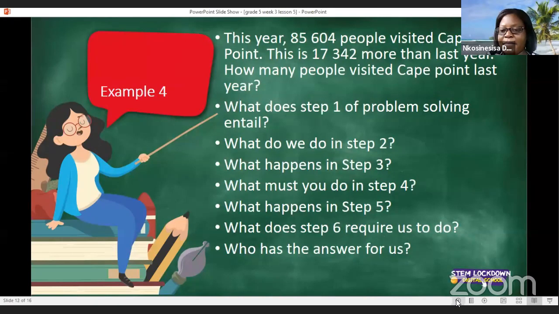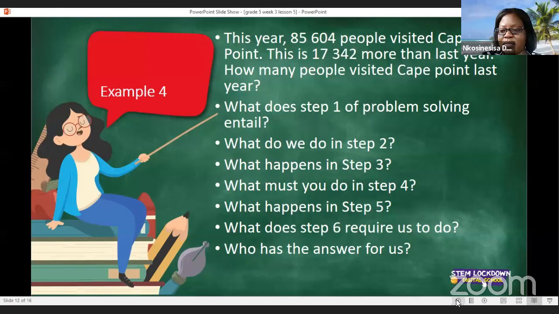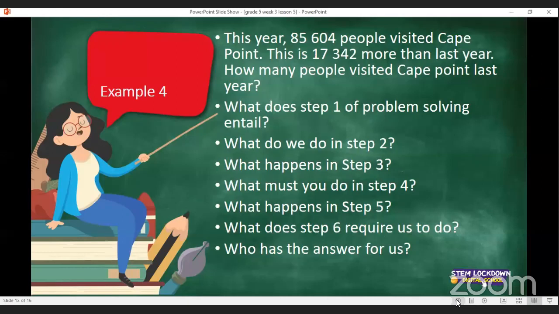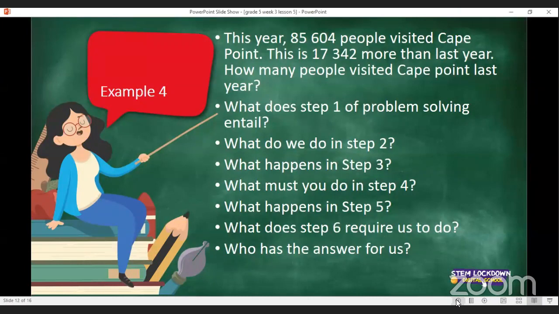On step 1, this scenario tells us about the people who visited Cape Point in 2020, and it also tells us how many people attended last year, which was 2019.